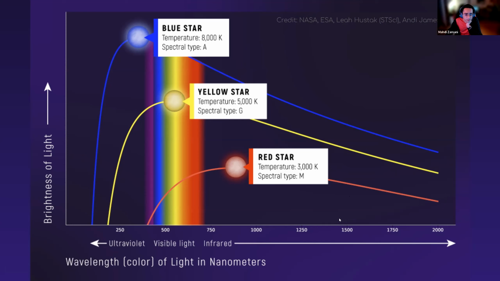Most stars are still quite visible in near-infrared, but as they go toward mid-infrared, the black body emission reduces significantly. That means they become fainter and fainter and then almost invisible.